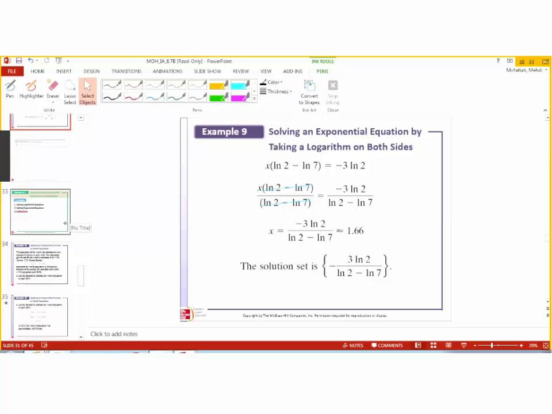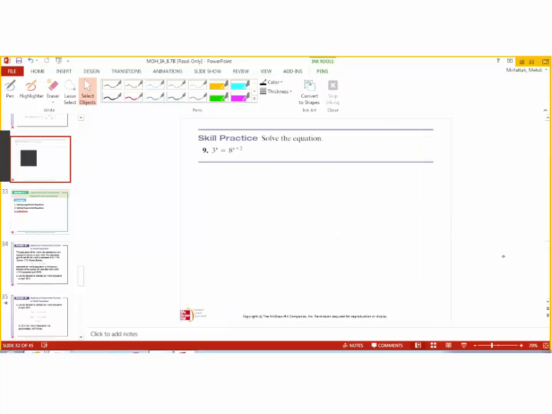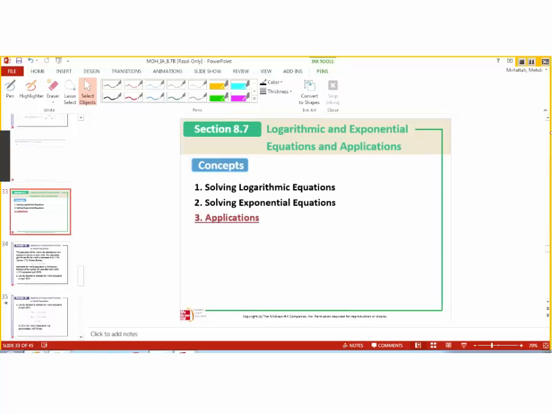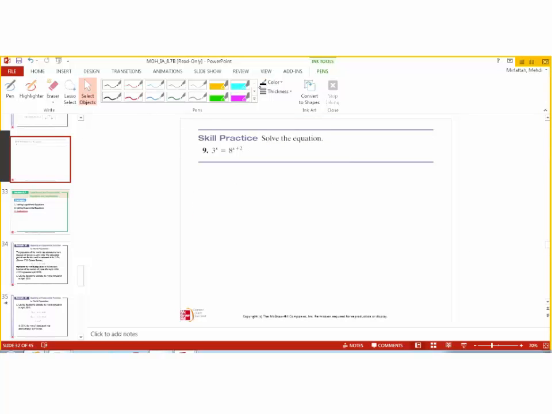Okay, any questions so far? So let's review all the properties one more time of the logarithm. Make sure you have all these in one place. Okay, so forget about all this for now.